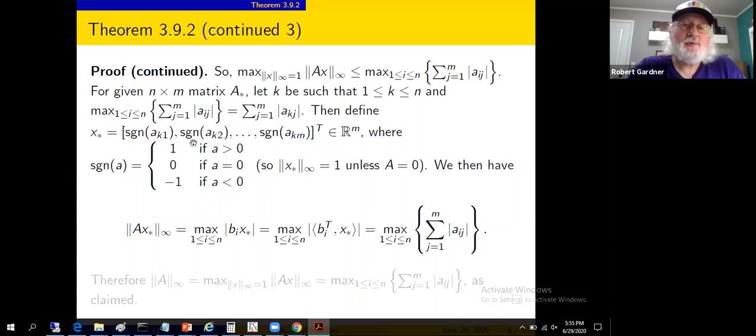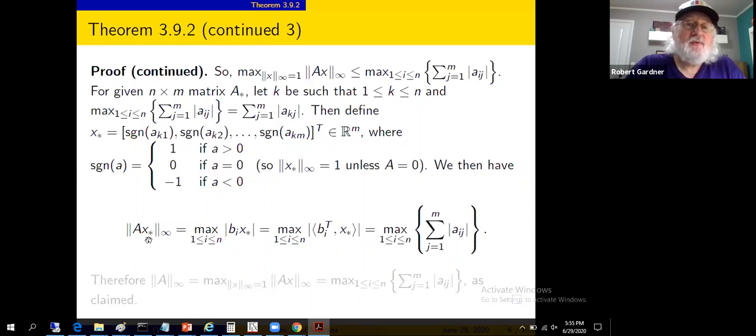That's why this was the choice for this vector. In so doing, that introduces absolute values. Here we're looking at the ith row of matrix A, so we get absolute values of a sub i j. The j varies, the i doesn't just yet. It will when we look at the maximum.